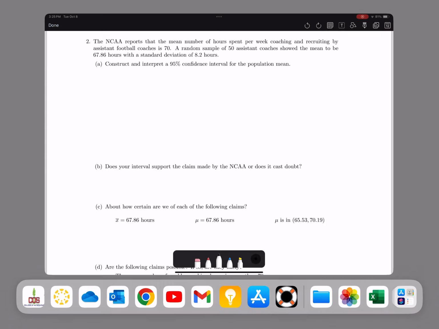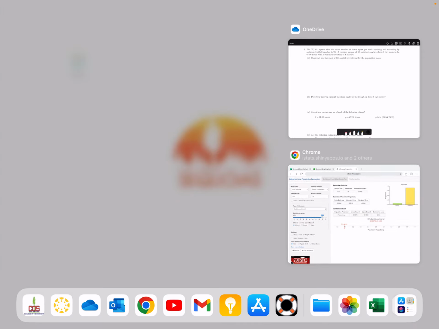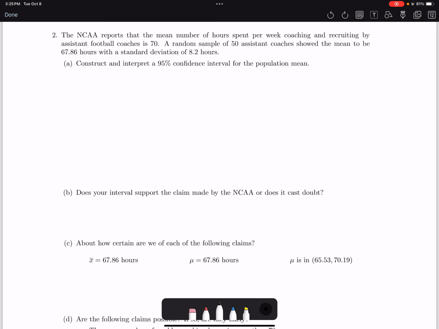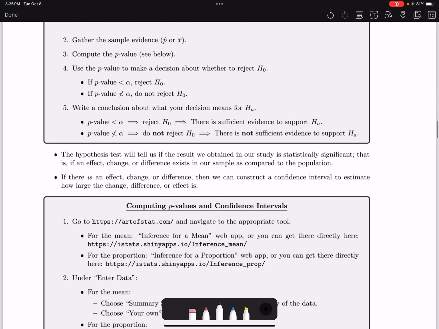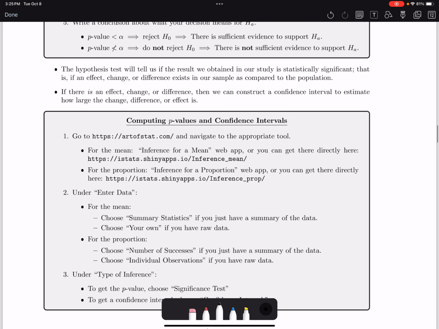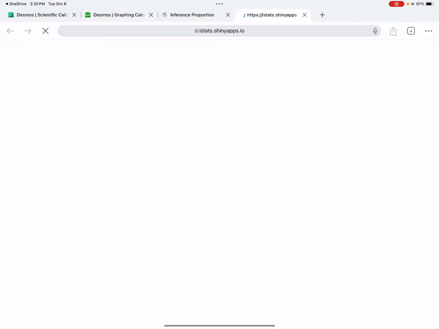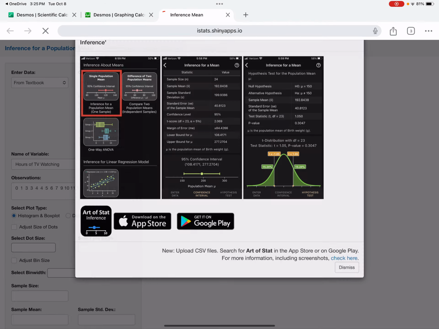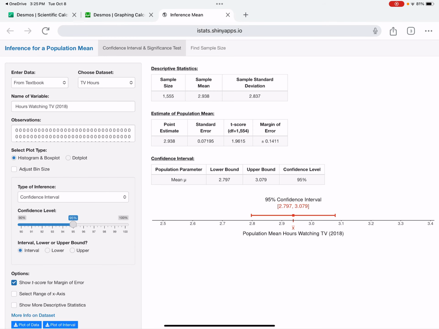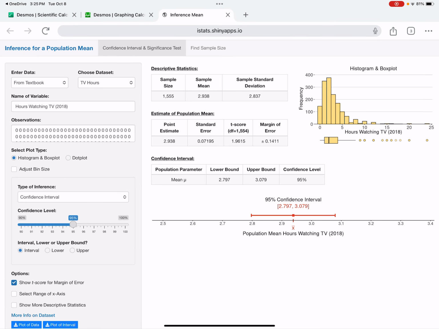So to do that, let me open up the app for inference for the mean. So I'm going to click on that first link. And let's go enter data.